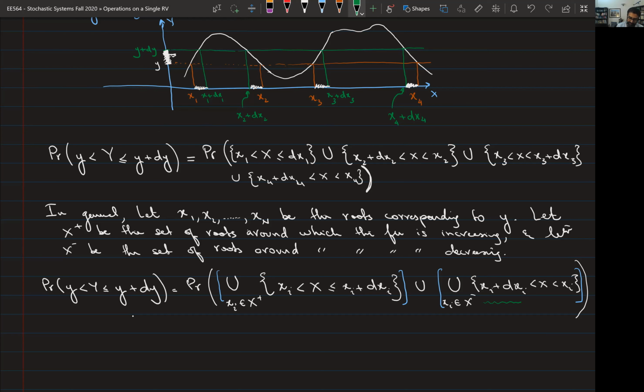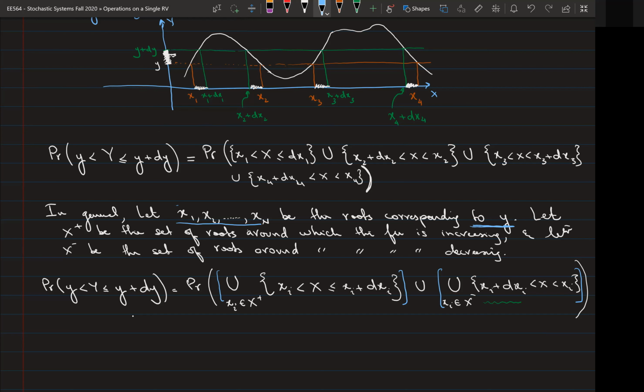Okay, so you see, these are the roots which correspond to a particular y, right? And these are going to change when you change y. So these roots are a function of that small y. So isn't it that we have to take a reference point to actually check all of these things? What do you mean by reference point?